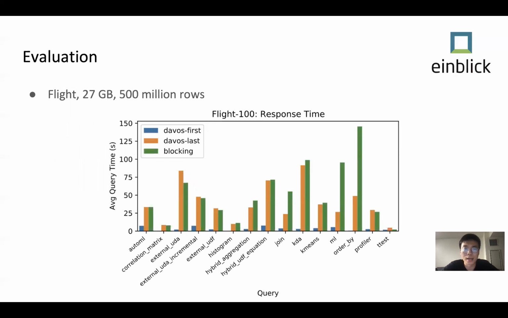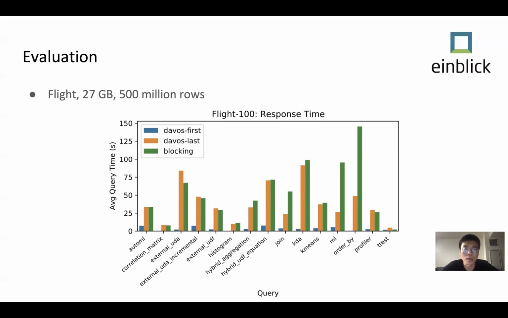Here is the main experiment of Davos. There are many other experiments in the full paper if you are interested. Here we use a flight dataset, which is 27 gigabytes with 500 million rows. We run different queries, basically covering all the operators in the system, and we measure the first response time, the last response time, and how long it will take if we just send back a result at completion.